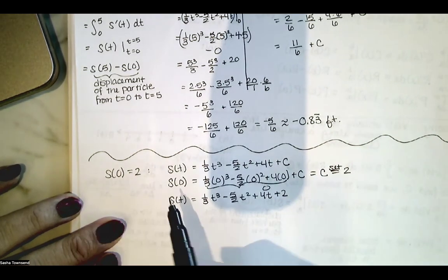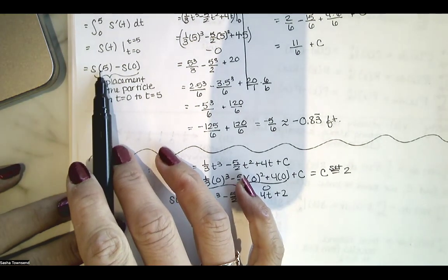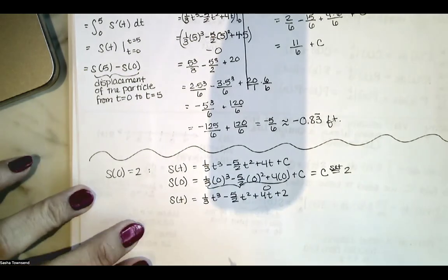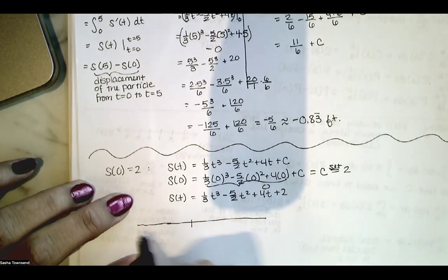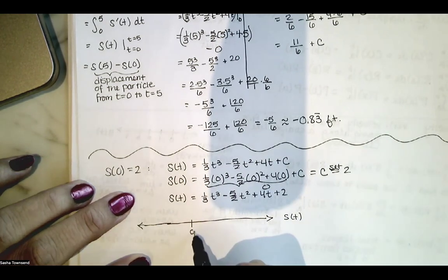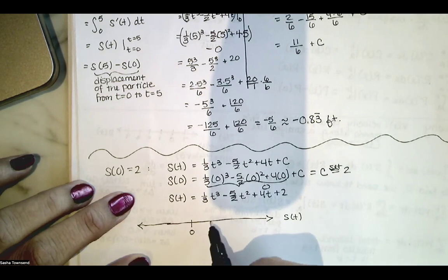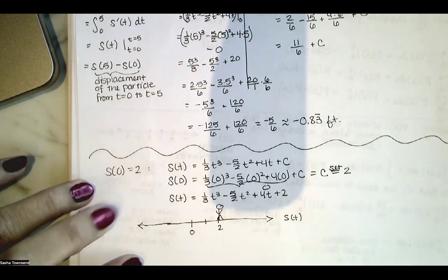And now with this in mind, we can look at S of 5 and S of 0 and visualize what we're talking about. If this is the S of t axis, this is S equals 0. At time t equals 0, we were at S equals 2.